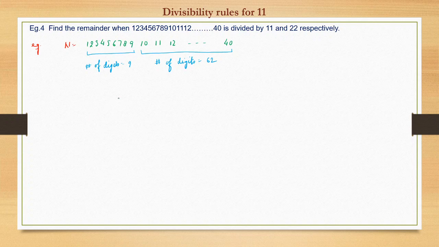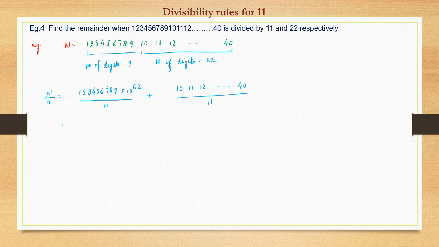So for n mod 11, we will take this independently: 1 2 3 4 5 6 7 8 9 into 10 raised to power 62 by 11, plus 10 11 12 and so on up to 40 by 11.